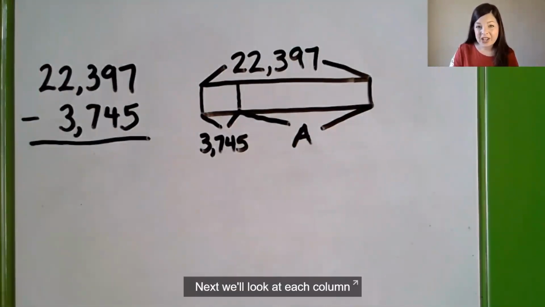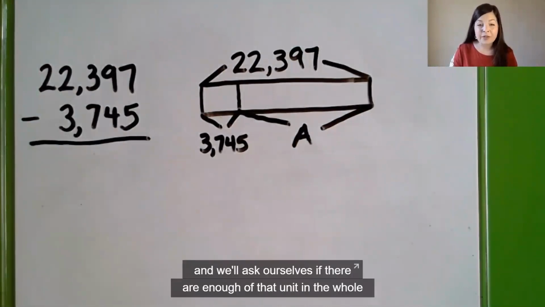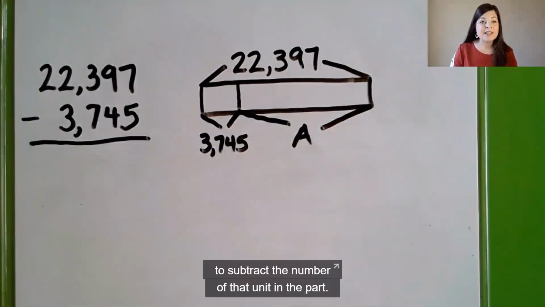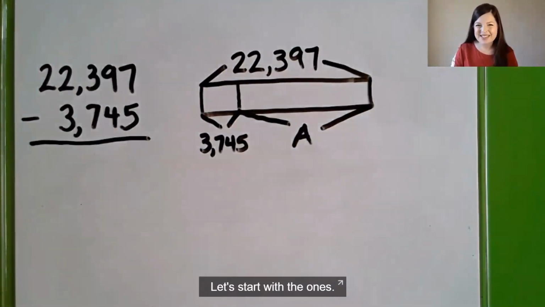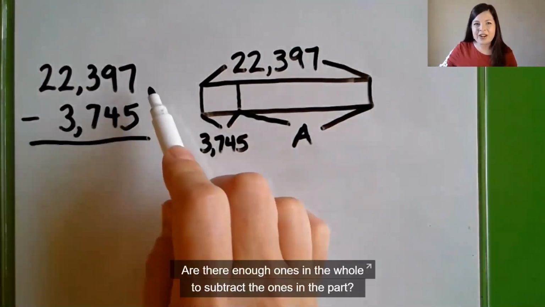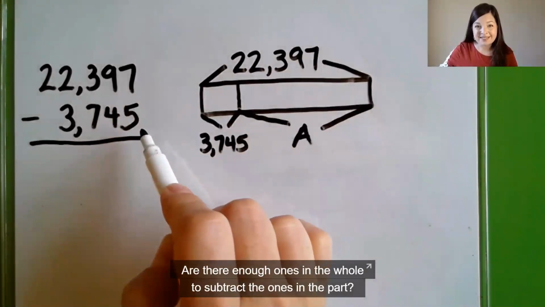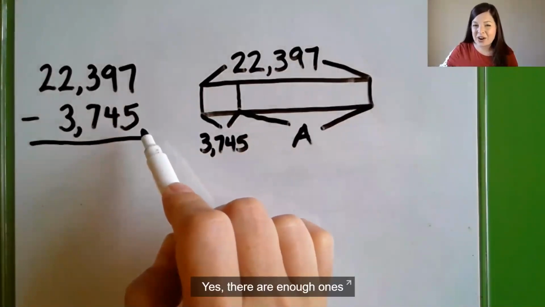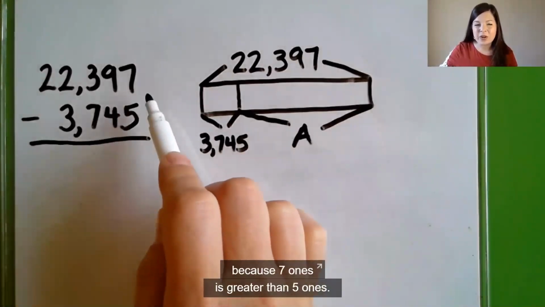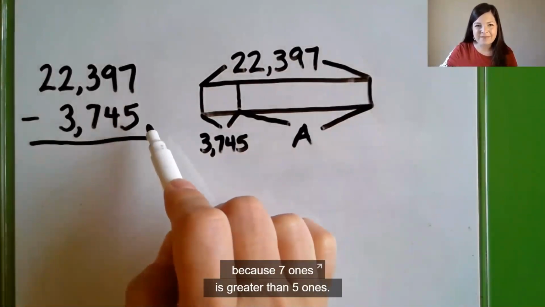Next, we'll look at each column and we'll ask ourselves if there are enough of that unit in the whole to subtract the number of that unit in the part. Let's start with the ones. Are there enough ones in the whole to subtract the ones in the part? Yes, there are enough ones because 7 ones is greater than 5 ones.